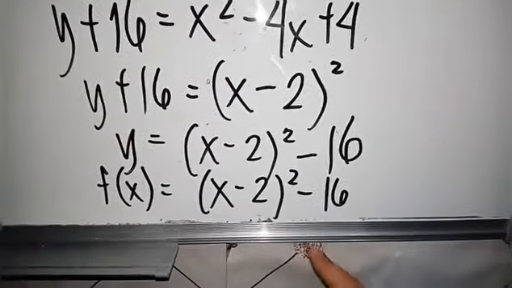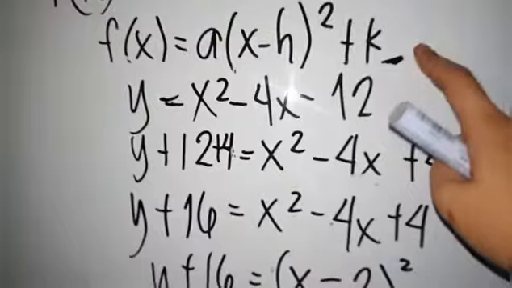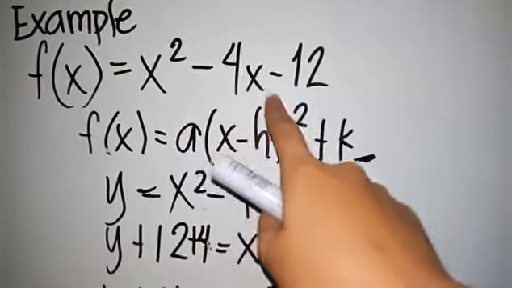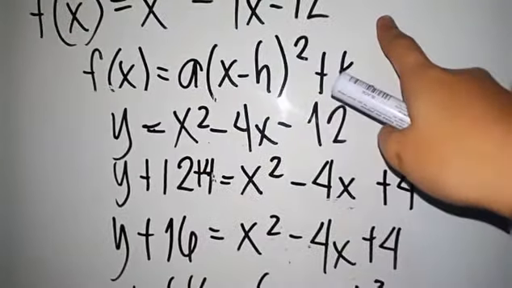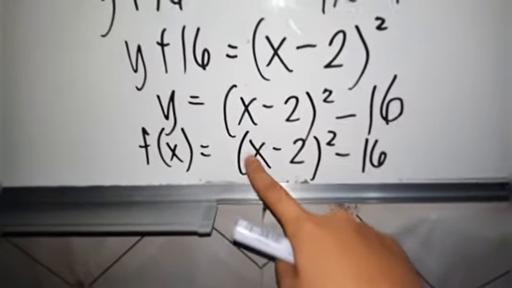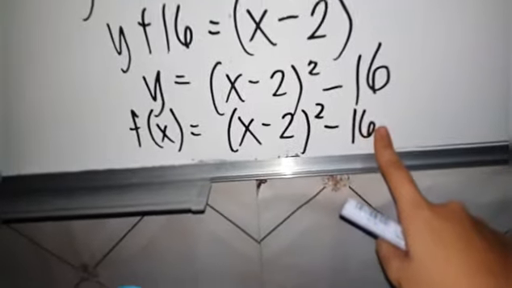Yung y gawin lang natin f of x is equal to, we have x minus 2 square minus 16. So, kung mapapansin nyo, ito ay naka-in the form of ganito na siya. Therefore, f of x is equal to x squared minus 4x minus 12 is the same as f of x is equal to the quantity x minus the quantity square minus 16.